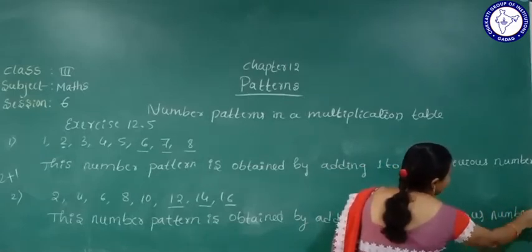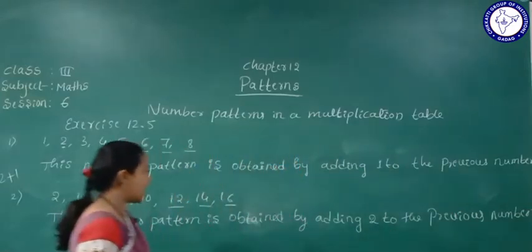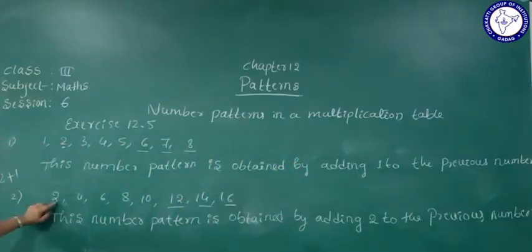We can observe in this pattern that we added 2. 2 is there, then 4 is there. We add 2 to the previous number and we get the answer 4.